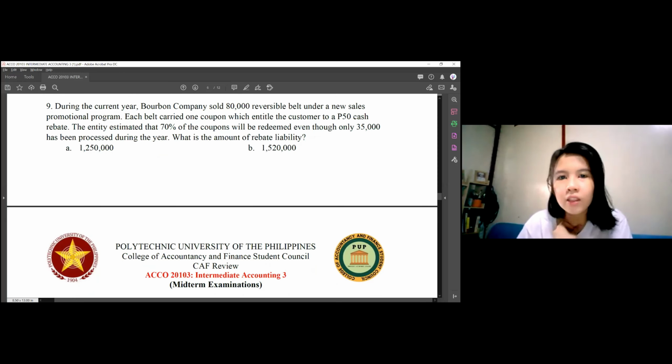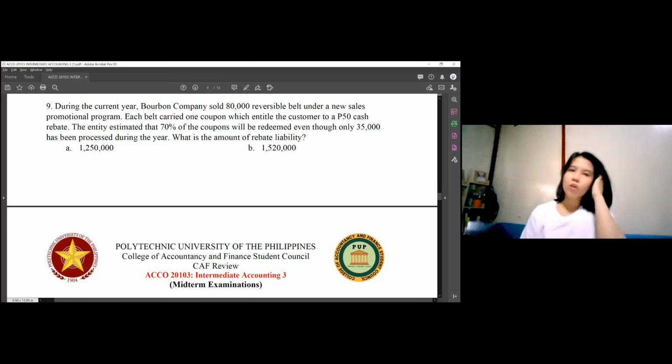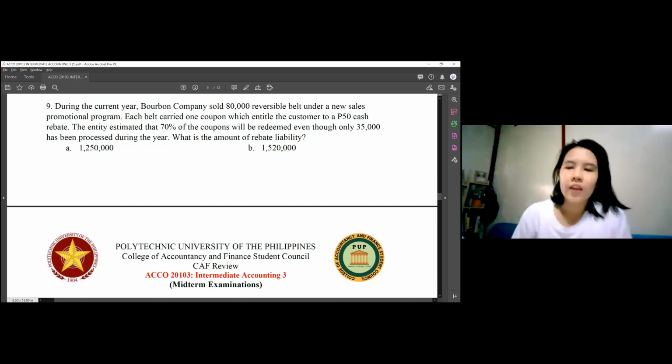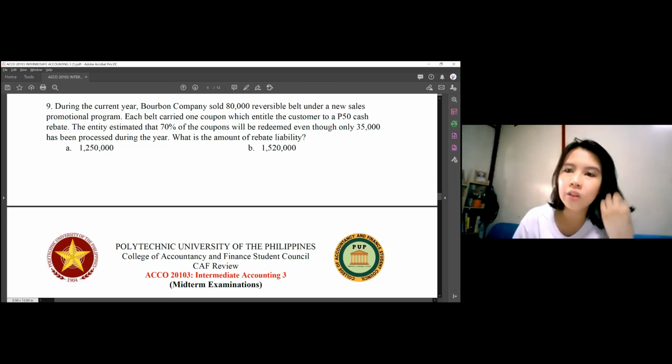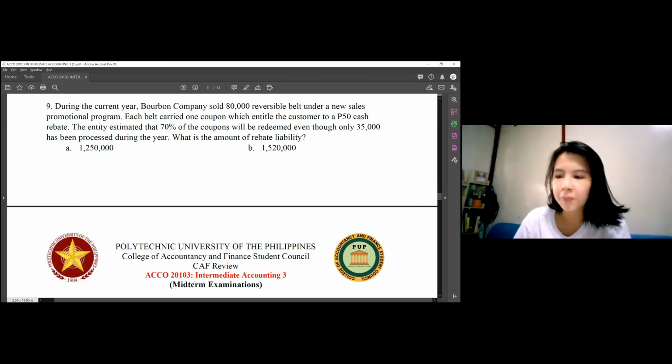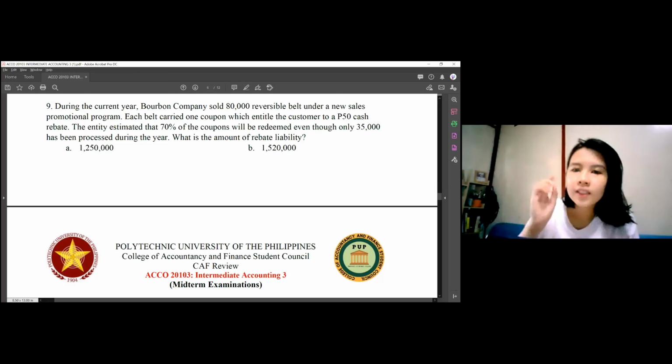Kaso, hindi naman lahat yun ay may estimate natin na mare-redeem. 70% lang. So we'll get 2.8 million. Okay. So leave natin yung 2.8 million. Okay, next thing is sabi doon, 35,000 lang daw yung na-process during the year. So we just multiply 35,000 by 50. That's 1,750,000. So ibawas natin yung na-compute natin na total estimated, di ba? Kasi that is the amount of liability.